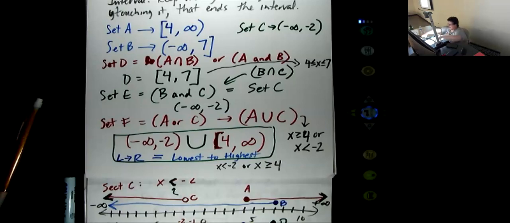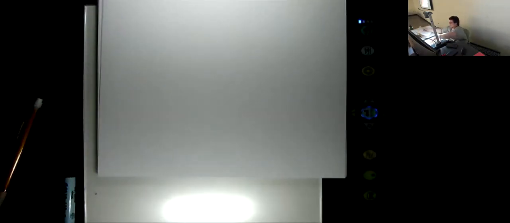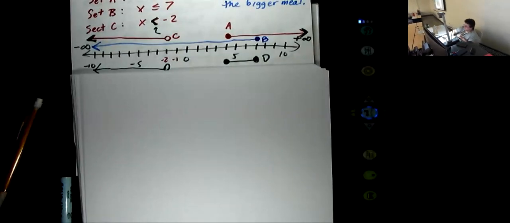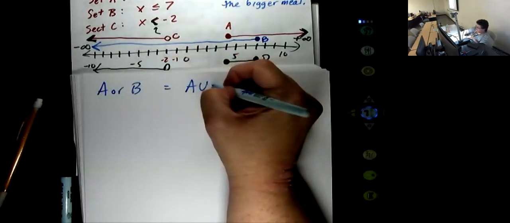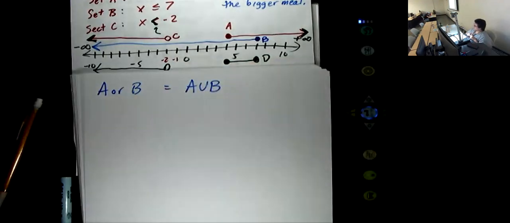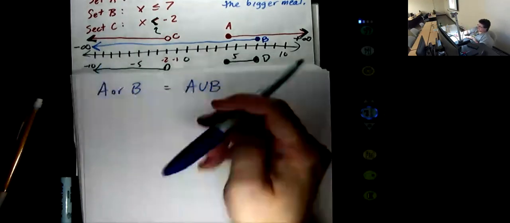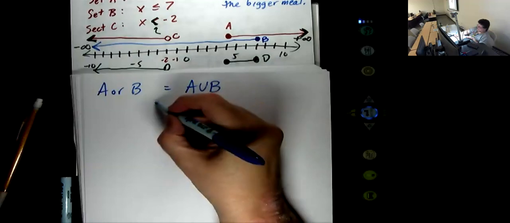A couple more we can look at with this. I'll keep using this number line. I'm at the top of the page, so let me come up here. Let's do A or B, the same thing as A union B. I want wherever it hits the blue line or the red line A. This starts at negative infinity, and infinities always get parentheses.